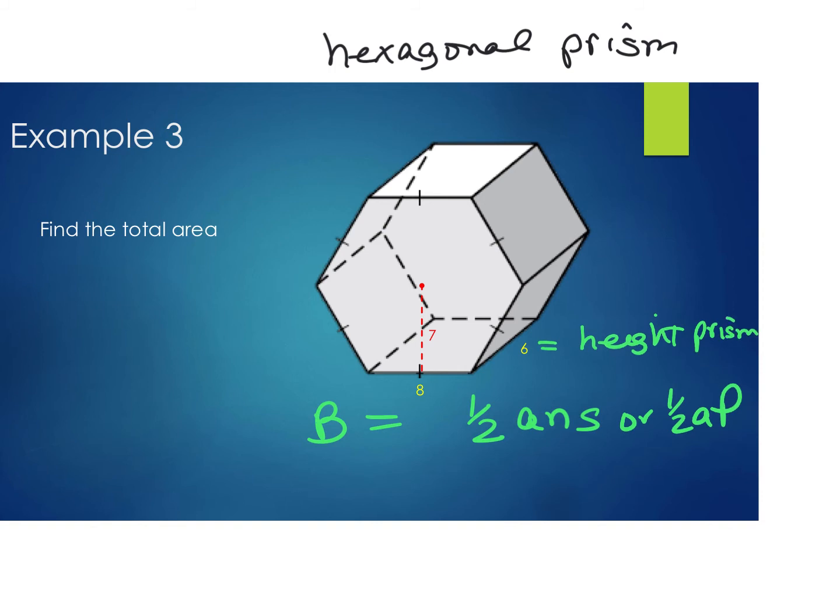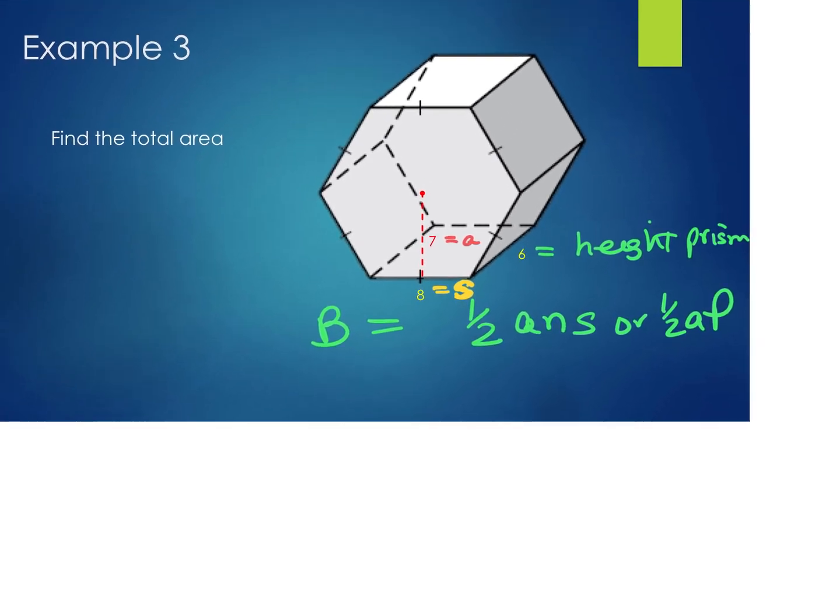It's not sitting on its base, but if you tilt it down, the 6 is the height. The 8 is the side length, so this is s of my hexagon. The 7 in the picture, that's my apothem. So notice I have everything I need to plug in to get the base area.